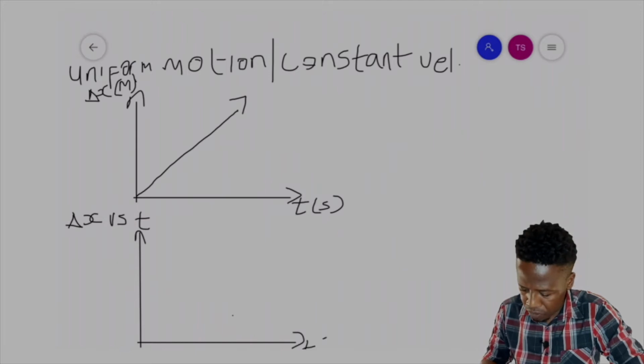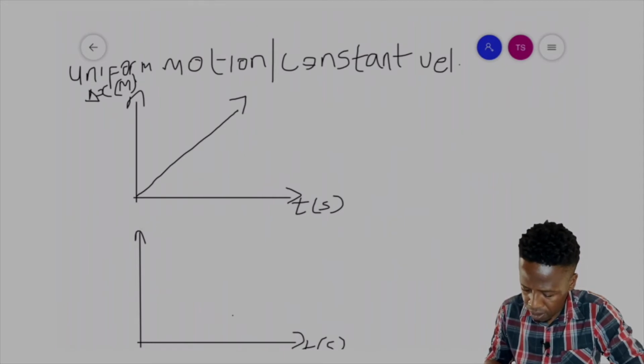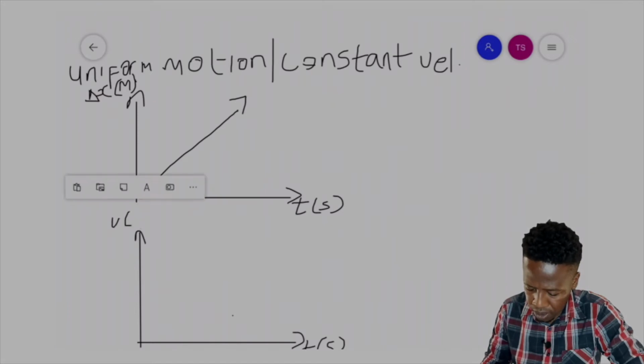Again, this is time, which is measured in seconds, and then here we have velocity, which is measured in meters per second.